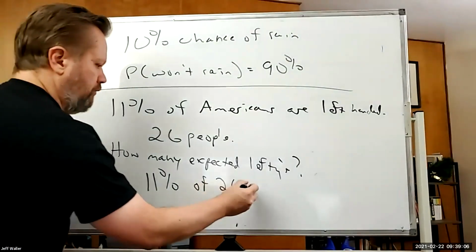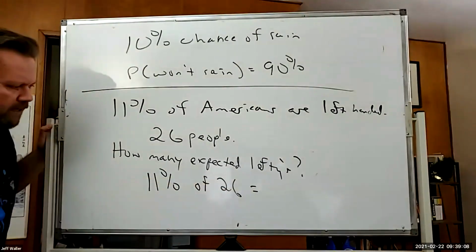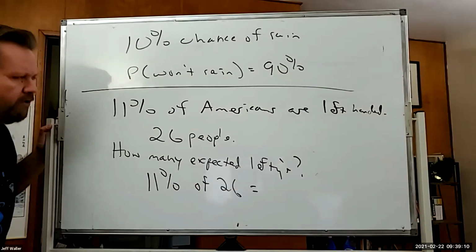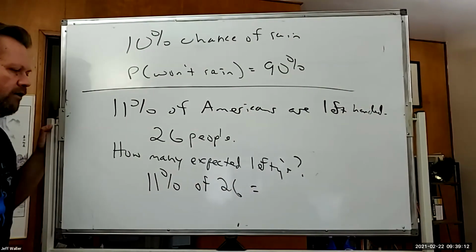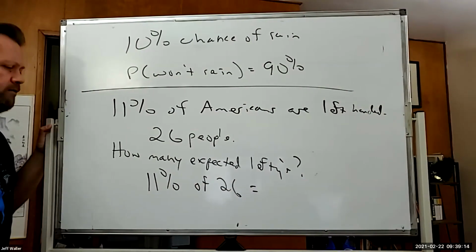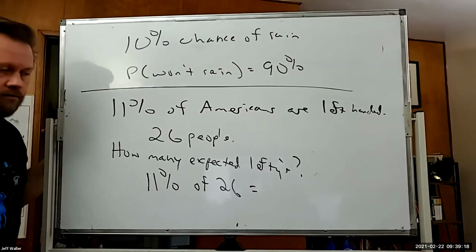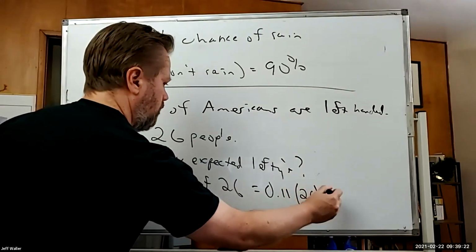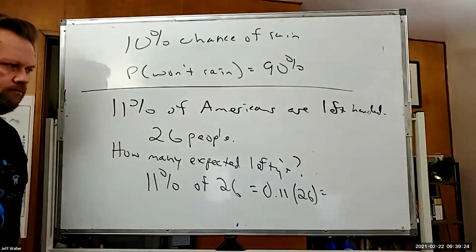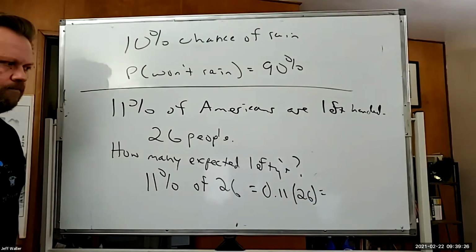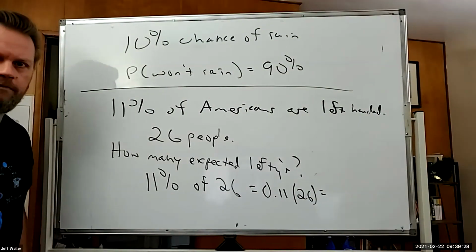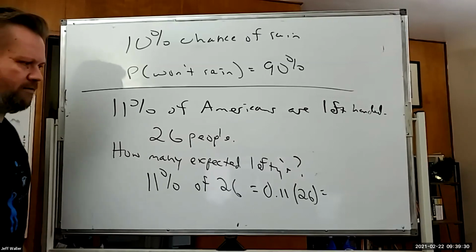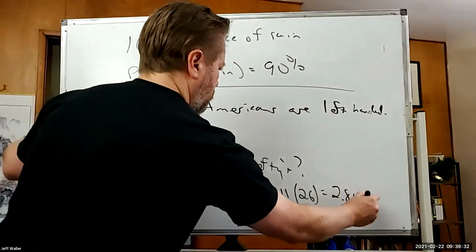So if you do this, it comes out to be what exactly? 2.82? 2.86? Yes, it's 2.86. So we can round it up to 3.